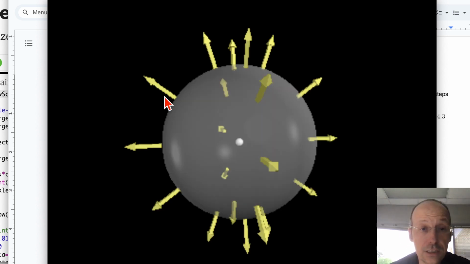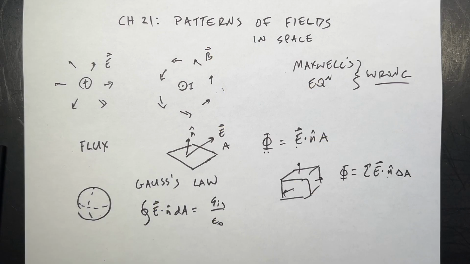So here is a spherical surface. It's not a real surface, but it turns out that this is not a difficult thing to calculate the flux over because the electric field is always pointing in the same direction as n hat, and it has a constant magnitude. So let's write down Gauss's law for this situation. If I can just switch back over here to the paper. There we go. Okay.